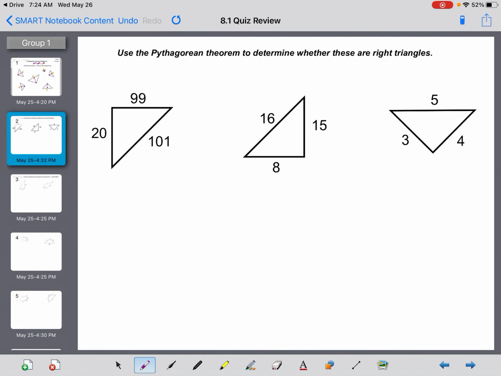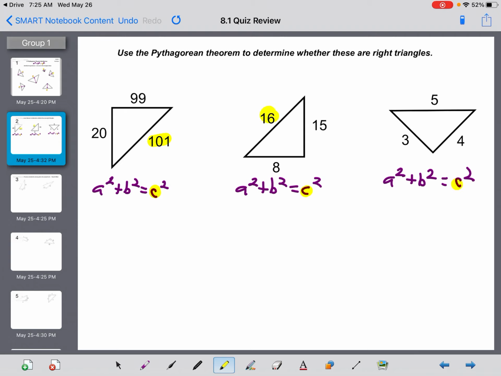Using the Pythagorean theorem, determine whether these are right triangles. Like we said, we're going to use a squared plus b squared equals c squared. The C is our longest side in each triangle, okay?